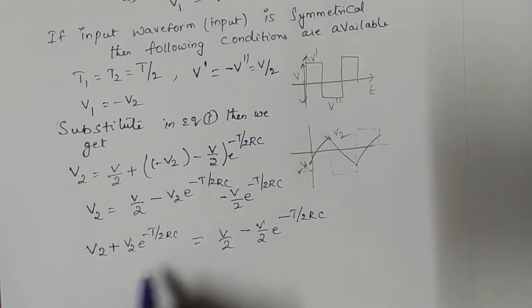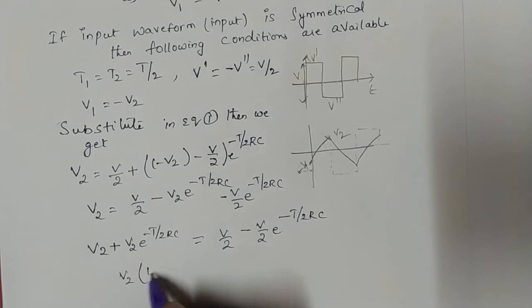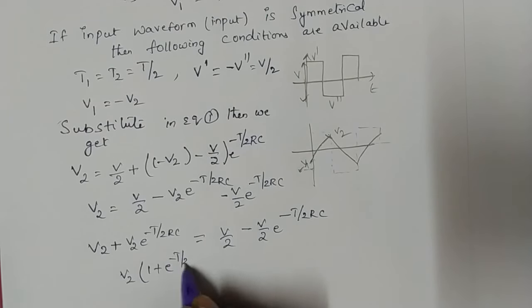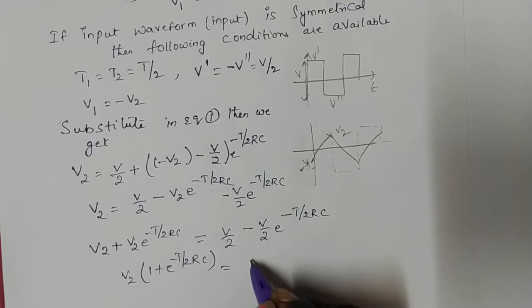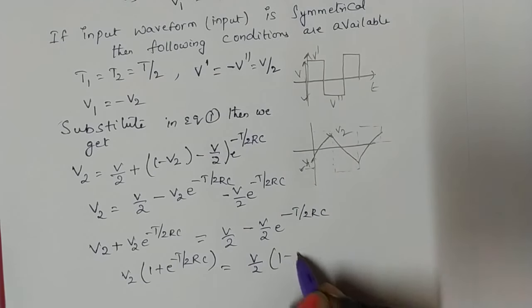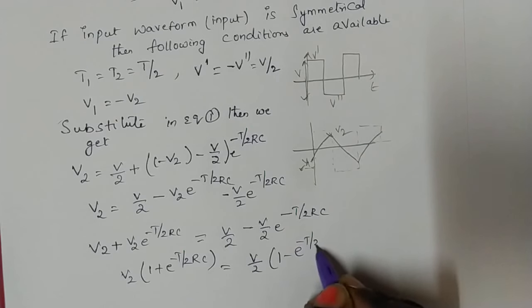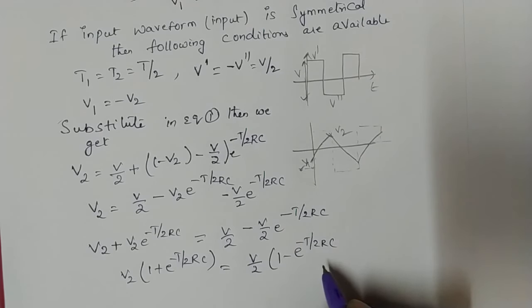Now taking common, v2 into 1 plus e power of minus t by 2 RC equal to v by 2 into 1 minus e power of minus t by 2 RC.